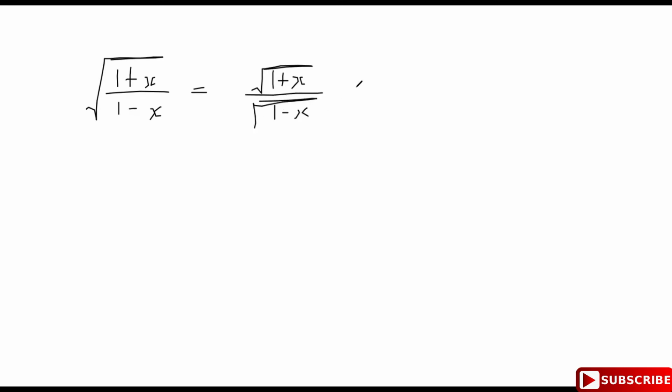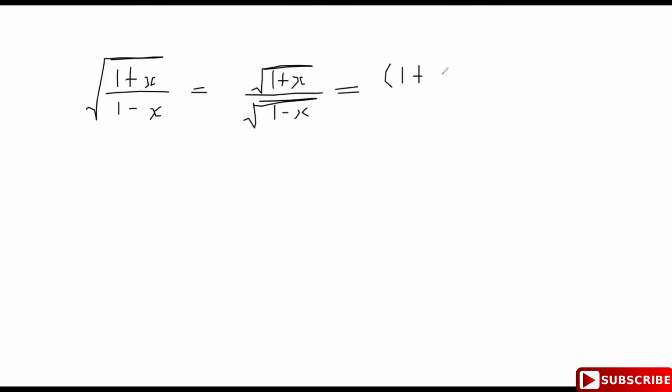We have the square root of (1 plus x) over (1 minus x), so we're going to rewrite this as the square root of 1 plus x over the square root of 1 minus x.